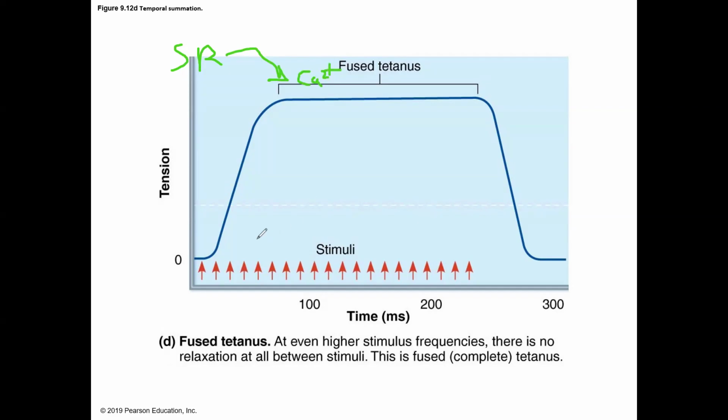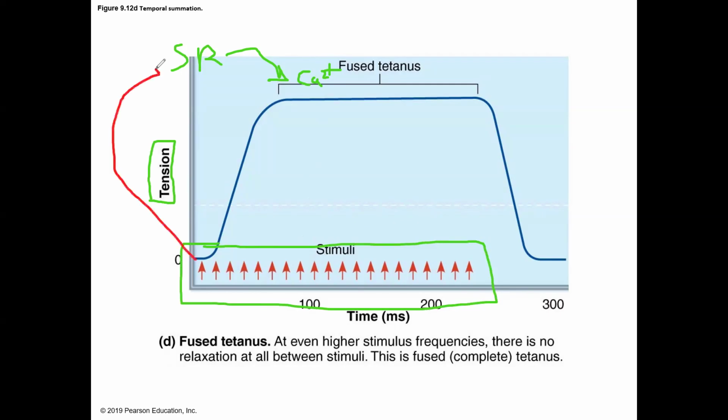So one way to increase the force or tension from a muscle is to increase the frequency of neurotransmitter release so that you can get all the calcium to be released from the sarcoplasmic reticulum.